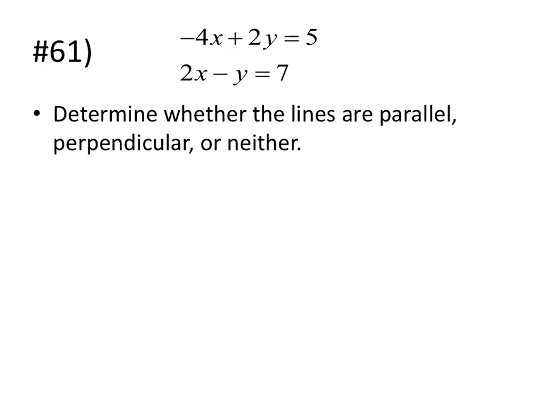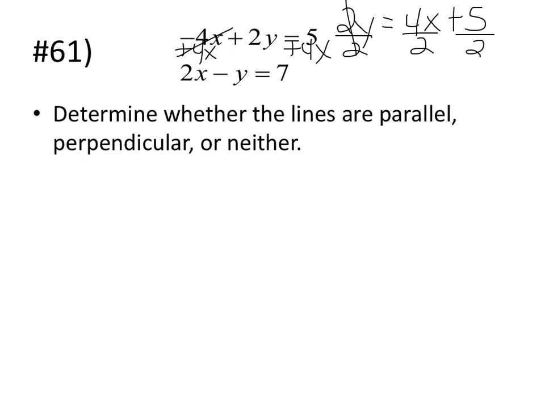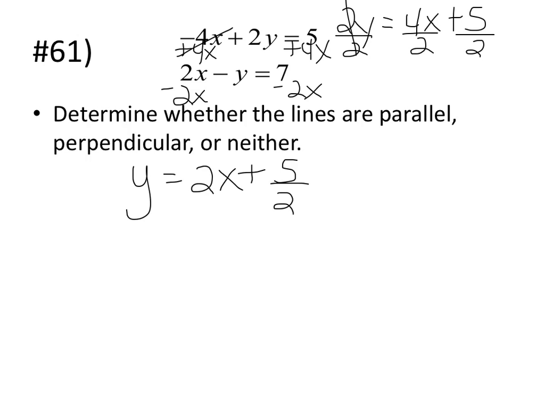Okay? All right, we're going to have to put both of these in slope-intercept form. So I'm going to add 4x to both sides, giving me 2y is equal to 4x plus 5. Divide everything by 2. You get y is equal to 2x plus 5 halves. And then here I'm going to subtract 2x from both sides.